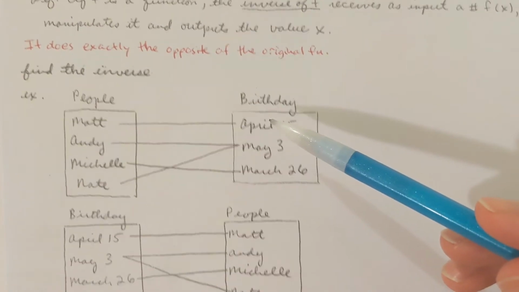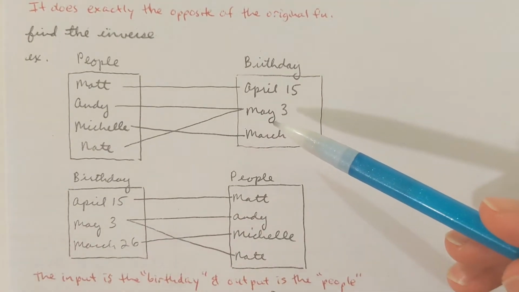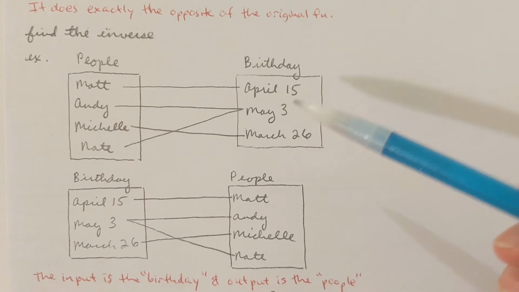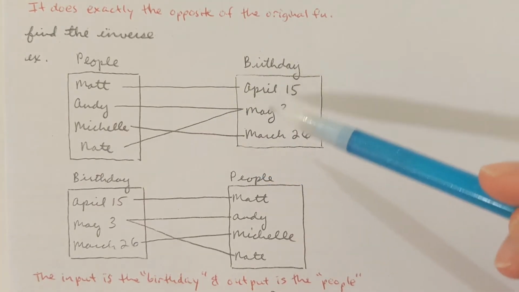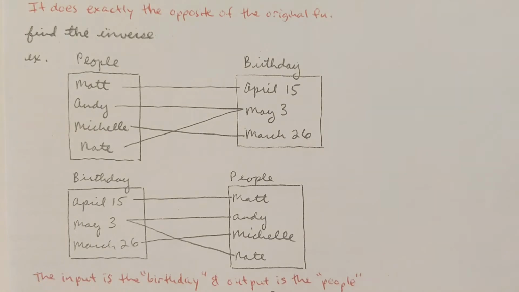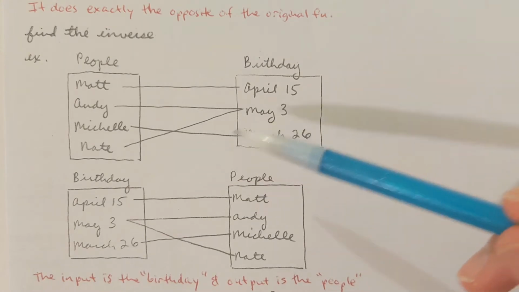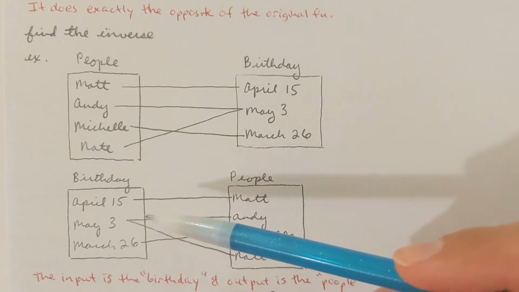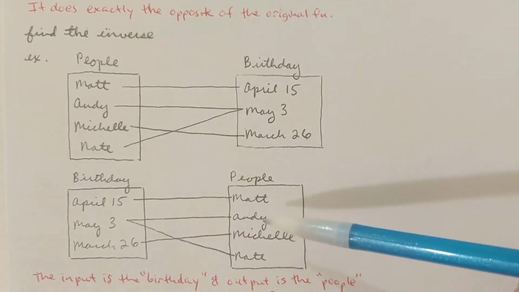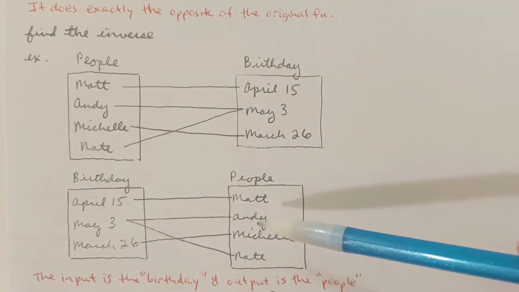Okay, so let's take a look at an example here. For example, suppose that we have a group of people and the corresponding birthdays. What is the inverse of f? Well, I just simply switch the two sides. So the birthdays are the input and the people, their names, are the output.